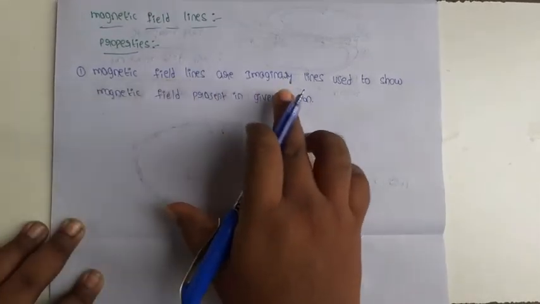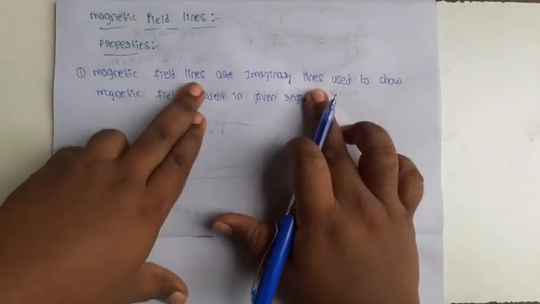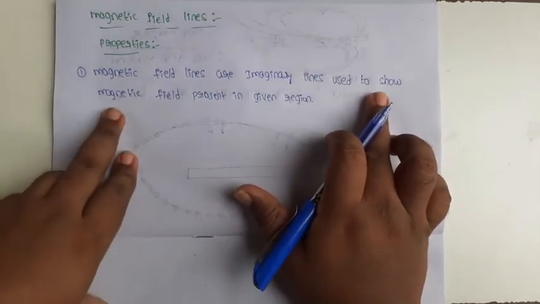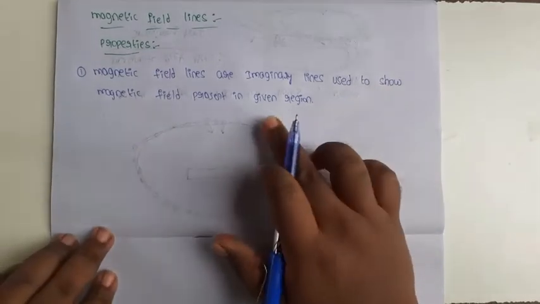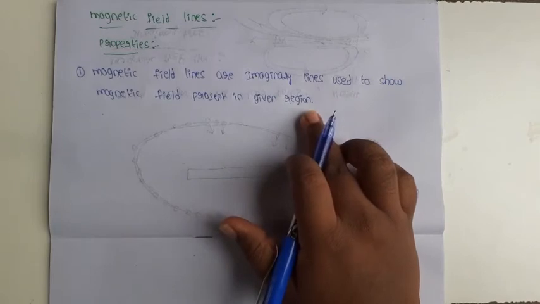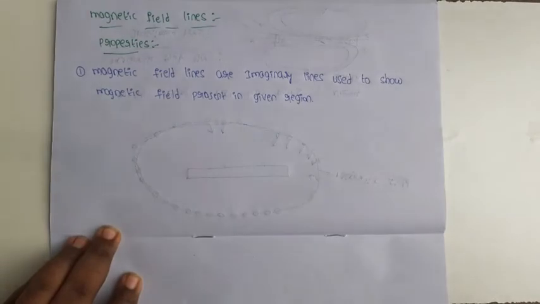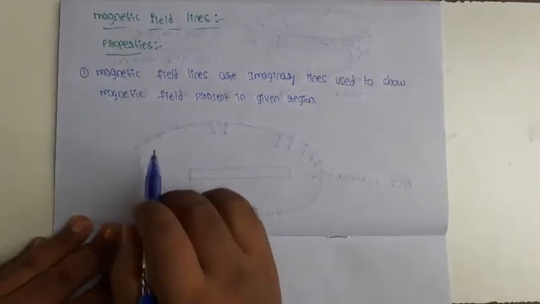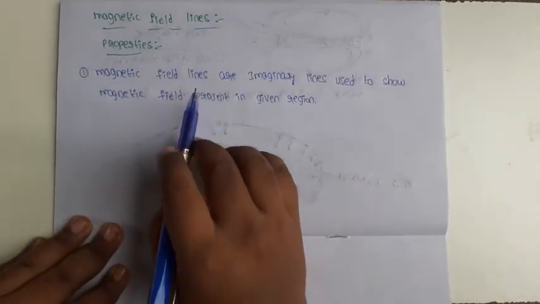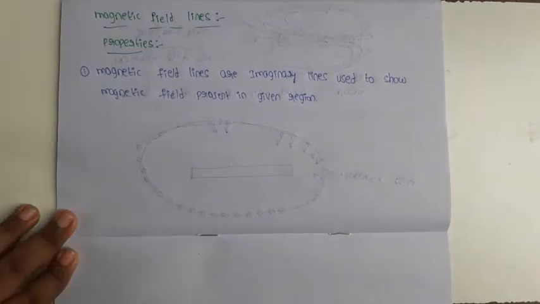Okay. These magnetic field lines are used to show the magnetic field in a given region or area. So in that given area, we observe the magnetic field through the lines.